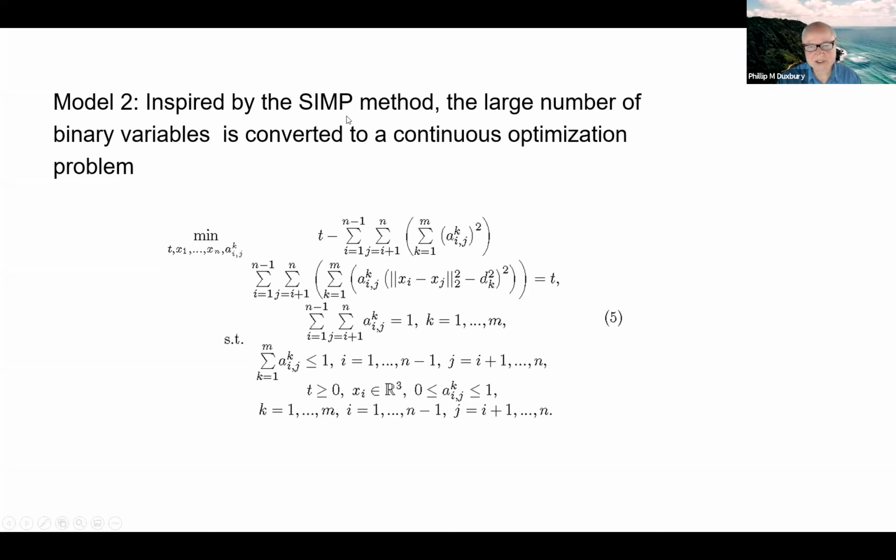So this is the SIMP method, which I actually am not familiar with, but I'm told it's an important problem. The key thing is that there is now a constraint on the binary variables, which is relaxed to the interval [0, 1]. And it was proven by Khalili and Liberti that this optimization problem gives the same answer as our original problem.